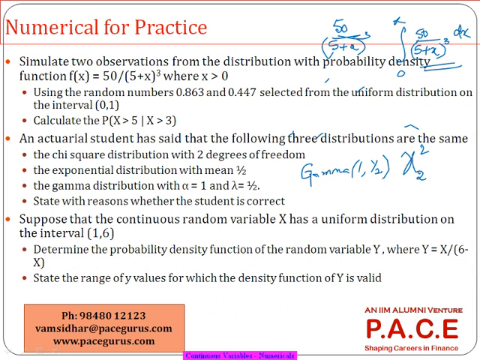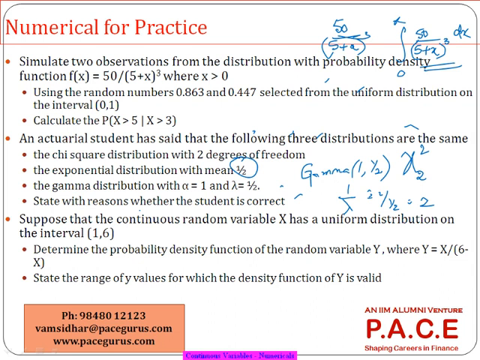What is the mean of an exponential distribution? 1 by lambda, which means it should be 1 by half, so 2 should be the mean. So this statement is slightly wrong. Sorry, the mean is not 1 by 2, the mean is 2. The gamma distribution with alpha equal to 1 and lambda equal to 2.